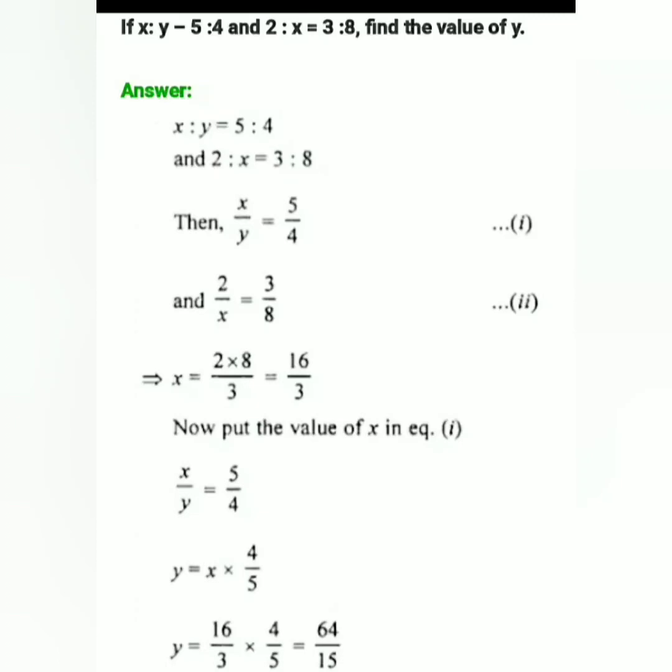We will be putting here the value of x, 5 upon 4 y. Like this, we will be putting in the second equation the value of x, and we will be calculating the value of y. So x and y values have been calculated from here.